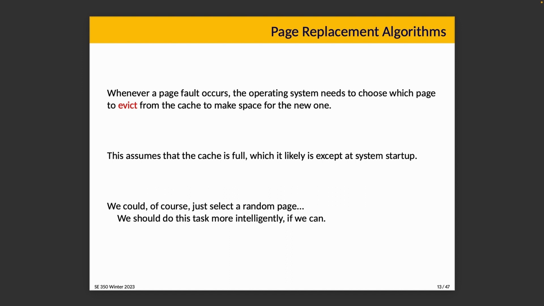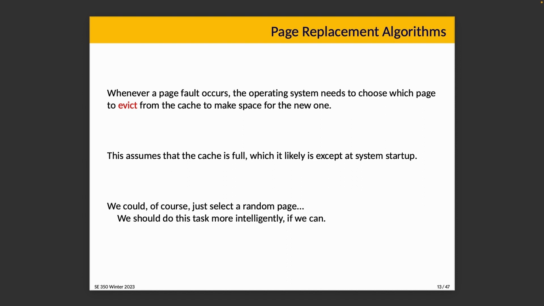Now, to make an intelligent decision, we have to know about how data is accessed in the system. Or at least it would be helpful if we knew that. And I've already mentioned a couple of things that I think are likely to be helpful. One is it would be good to know if something that has been accessed recently would be accessed again.